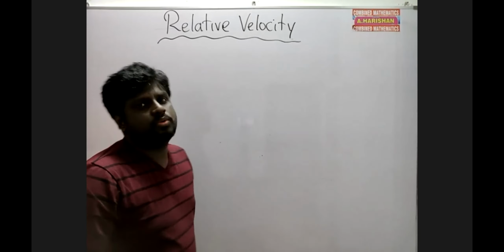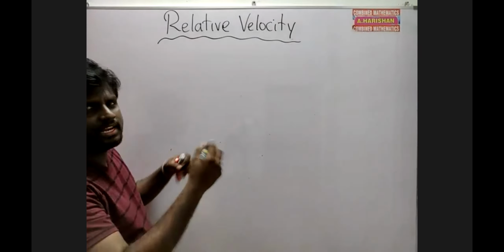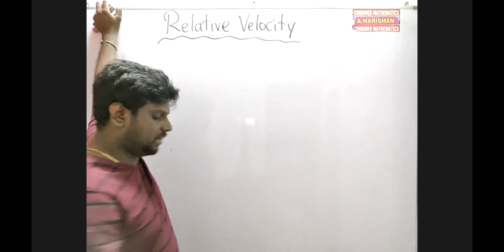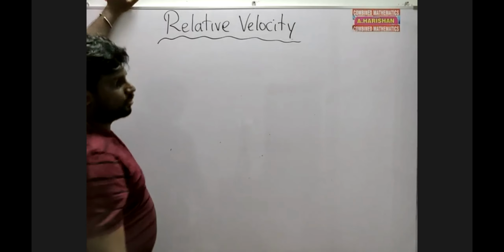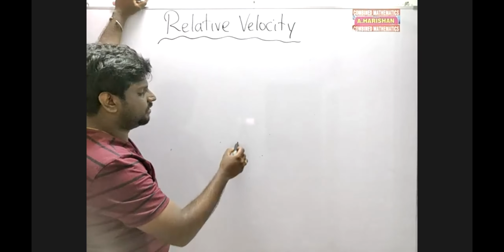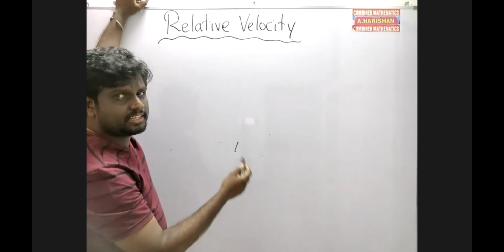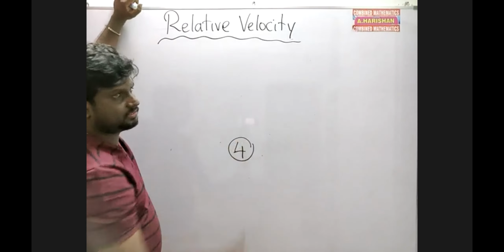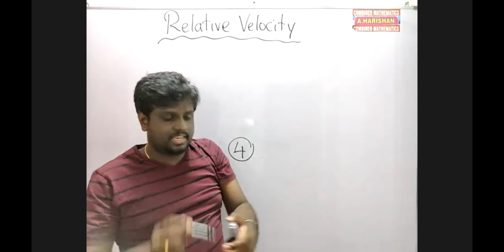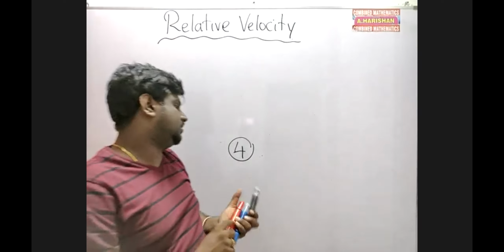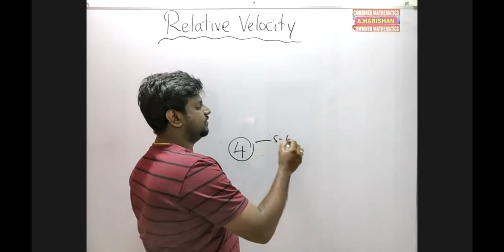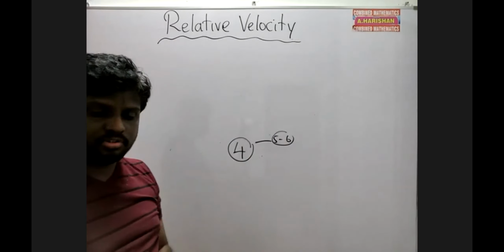So relative velocity, actually, we'll go point by point today, theory, and we can do some questions also. Theoretically, I can finish all types of questions within 4 classes. I'm going to take 5 or 6 classes to finish it with some other questions also.